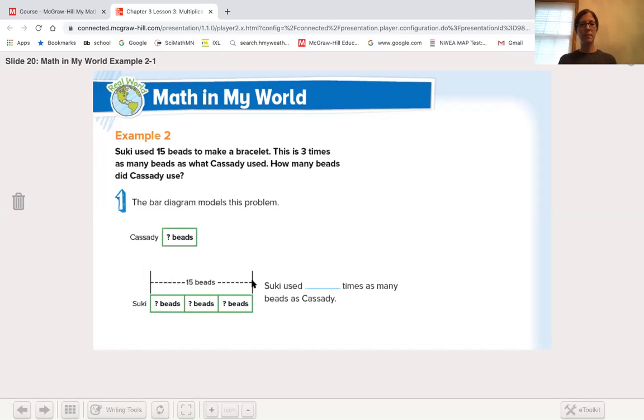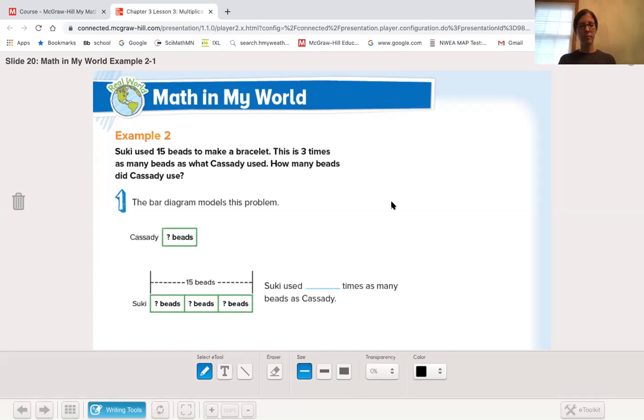So you have to think, if my whole is 15, that's 3 times as much as the part. Oops, sorry. Go back. And we're thinking 15. This is 3 times as much, so you can think division here because you're going backwards.